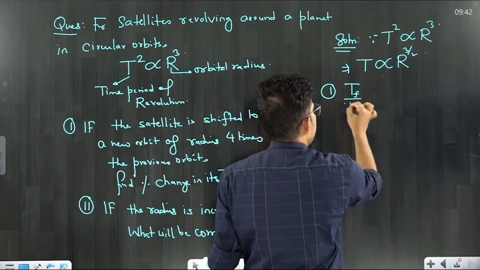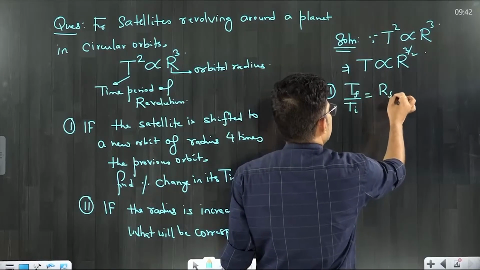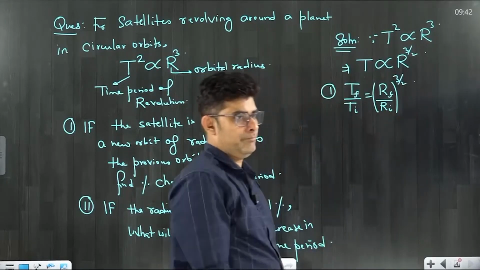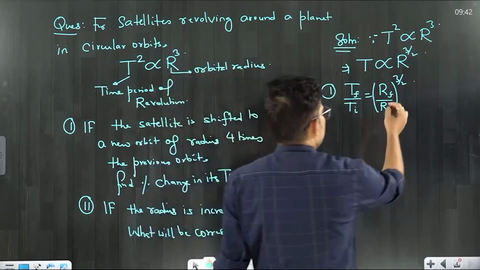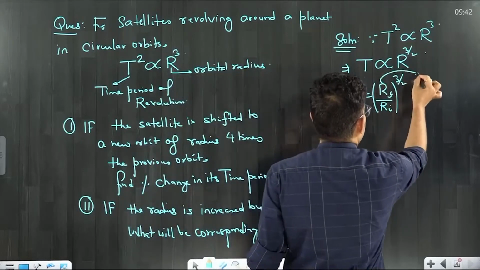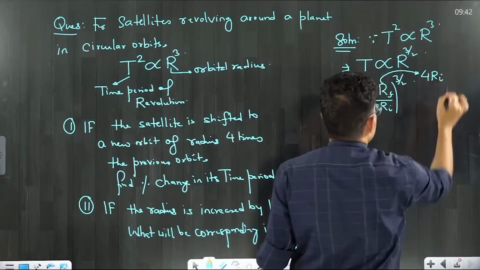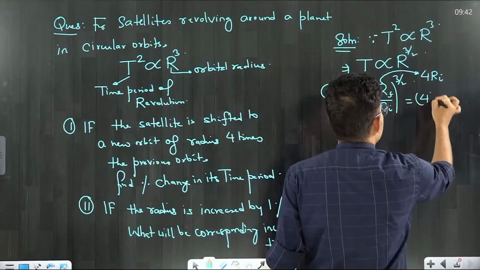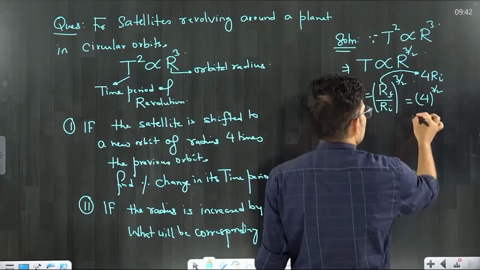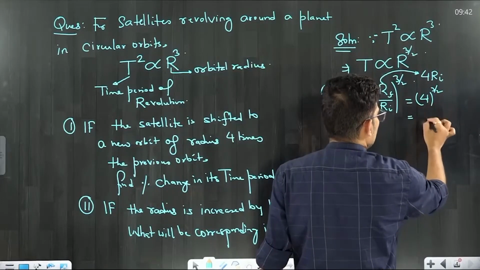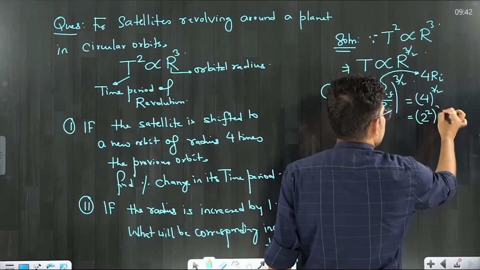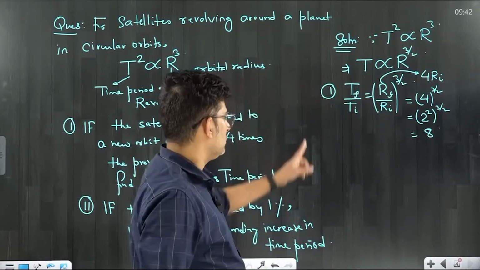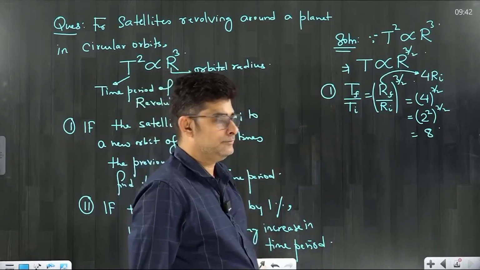T final by T initial will be R final by R initial to the power 3 by 2. Now they have said that the final radius is made 4 times the initial. So it will become 4 to the power 3 by 2. 4 to the power 3 by 2 means what? 4 can be written as 2 square, power 3 by 2. So this becomes 2 cube, that is 8. So T final by T initial is 8.